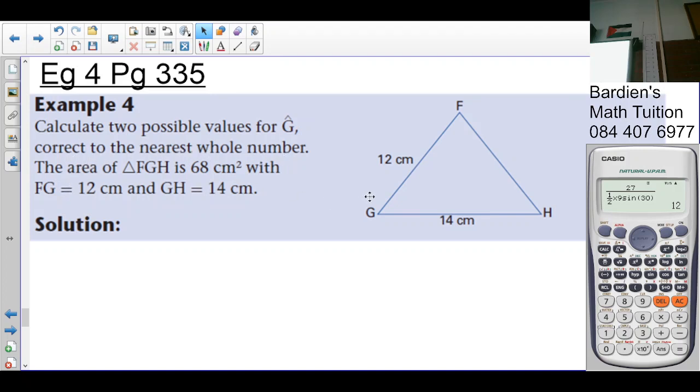The area of triangle FGH is 68 centimeters squared, if FG equals 12 and GH is equal to 14. So how do you think you want to work out angle G? We're going to work it out by using which formula? The area formula. So work that out with me.